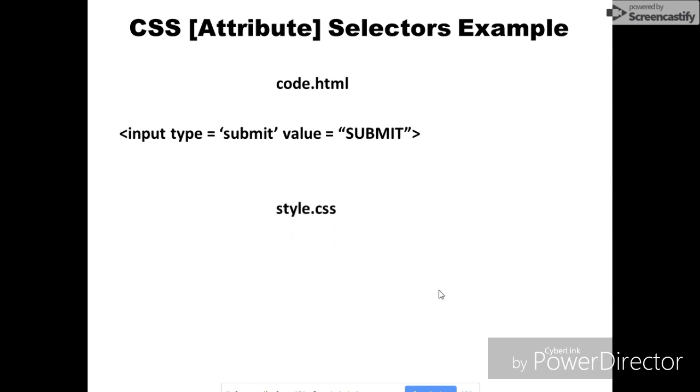So in our style.css, first we will write the selector. Here input is a tag, so I write here input that works as an element selector. After this, we will initialize the attribute that is type here, and after this we will initialize the value, and here the value of the type attribute is submit.